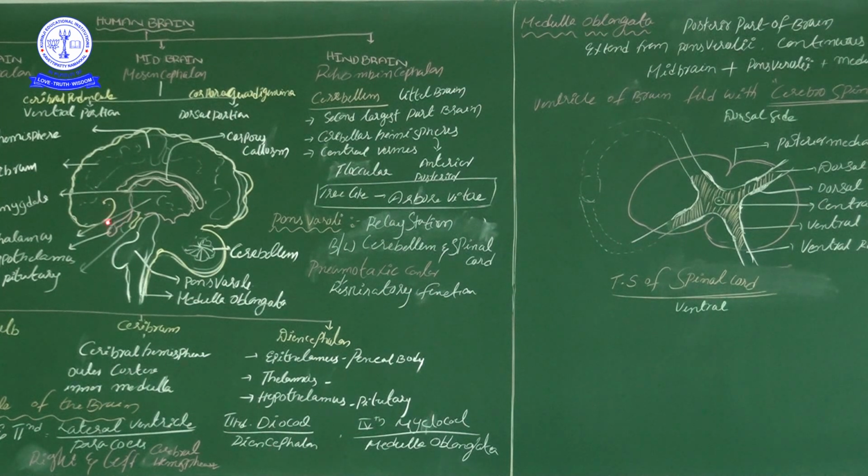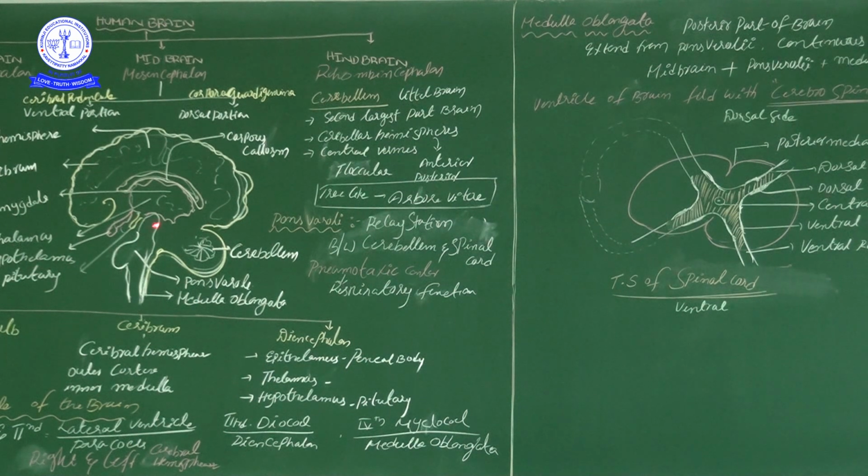The diencephalon again divides into three parts: thalamus, hypothalamus, epithalamus. Epi means upper, thalamus middle, hypo means down, hypothalamus in the pink color. Now here the yellow finger-like projection, like a button seed, is the pituitary gland.